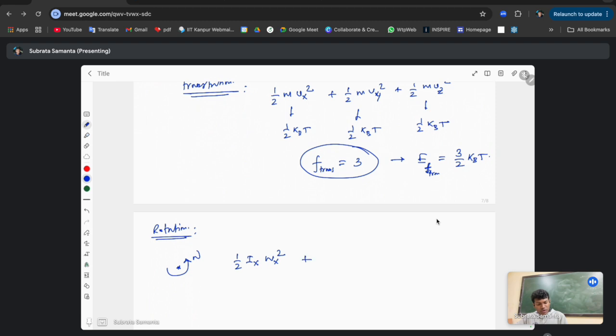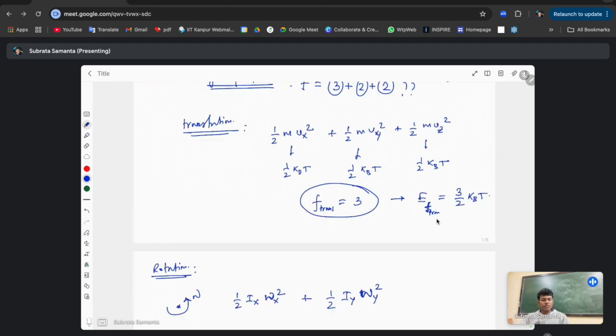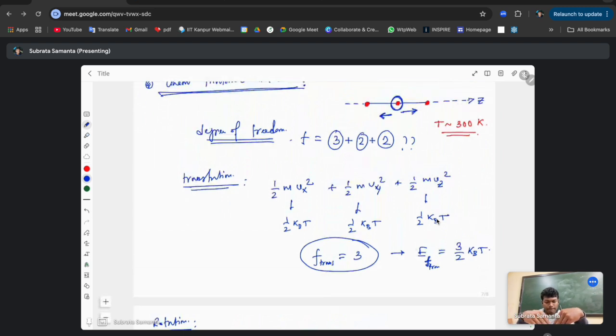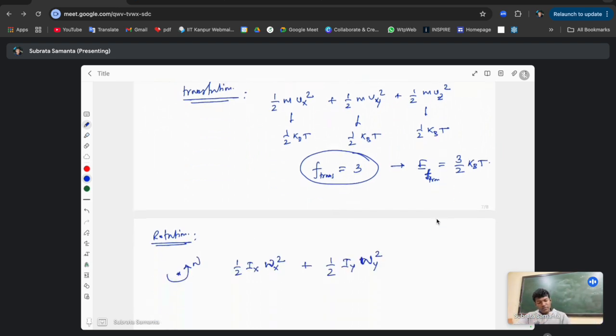And they can also rotate about the y axis, Iy omega y square. This omega is the angular velocity, because now the molecule is placed along the z direction. So they can rotate about the x axis or about the y axis. It's only two modes.